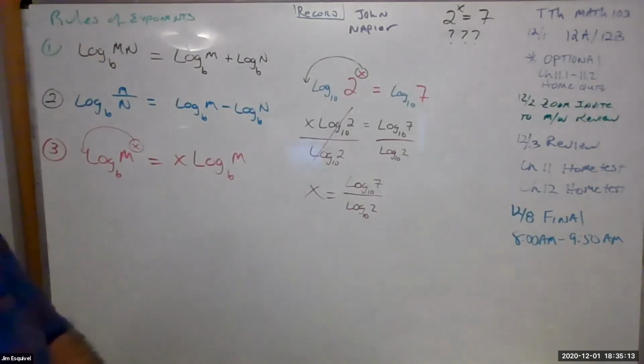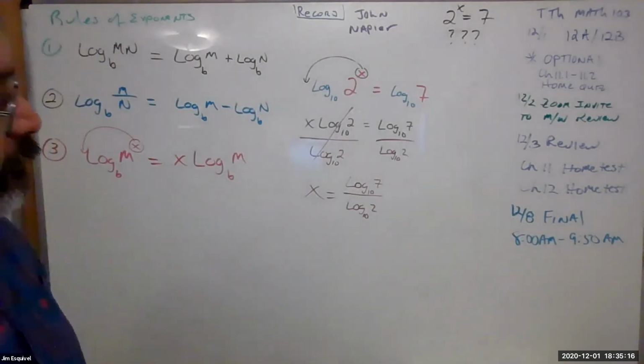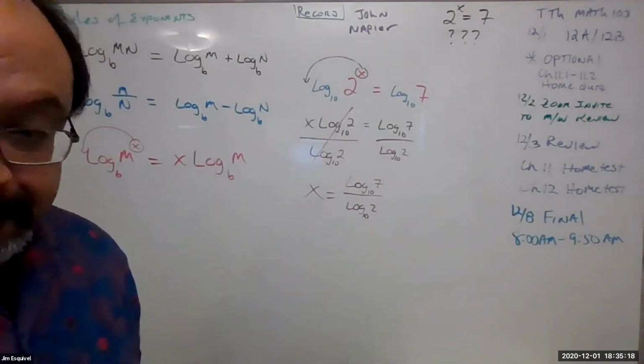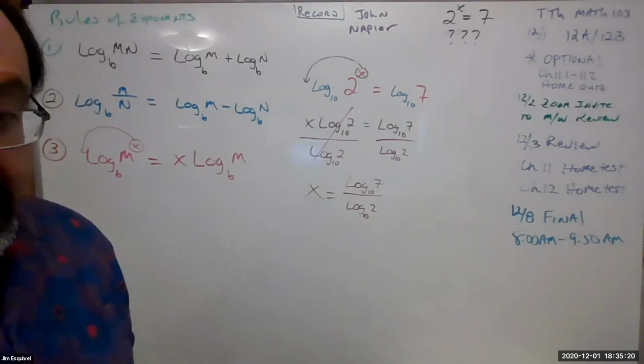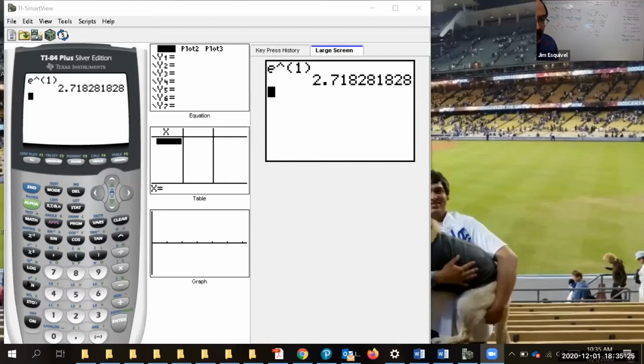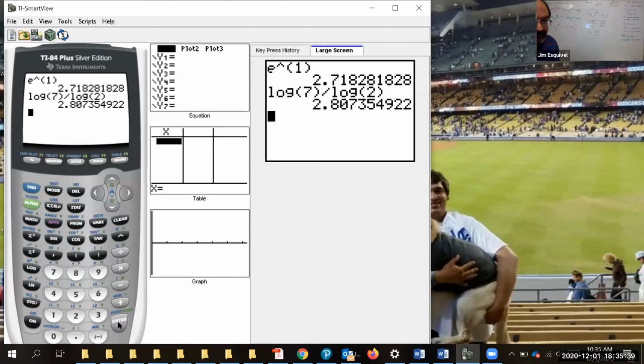Then I would punch each of those into the calculator, and my answer would be, and again, this is not going to be on your test, I promise. I'm just showing you how it does work. I would go the log of 7 and then hit divide by the log of 2, and I hit equals, and that's the answer. 2 to that power gives me exactly 7.